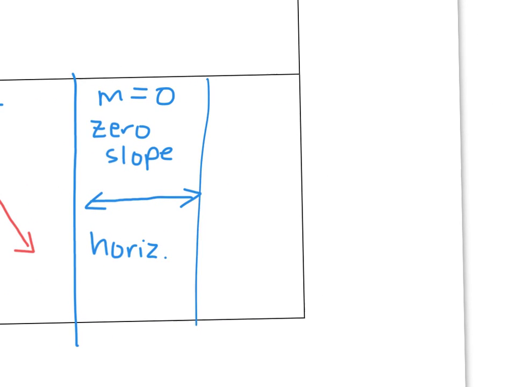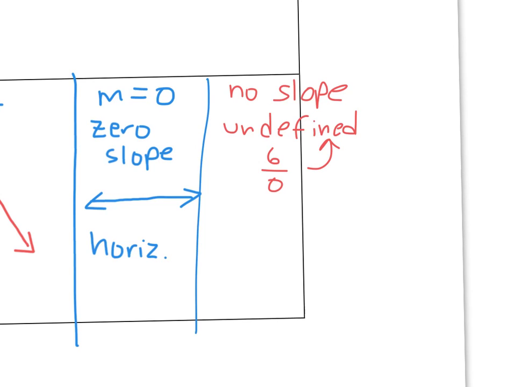The last thing is going to be no slope. Is that the same as undefined? That is another way of saying undefined. Another way of looking at that is, say, for example, you're calculating and you get 6 over 0. That is mathematically impossible, so we say that it is undefined or there is no slope.